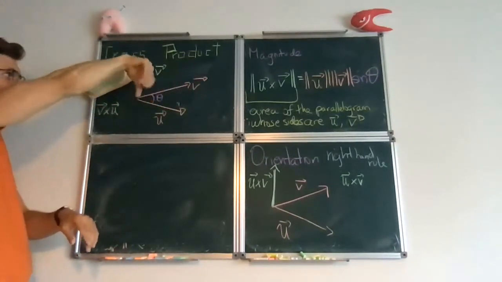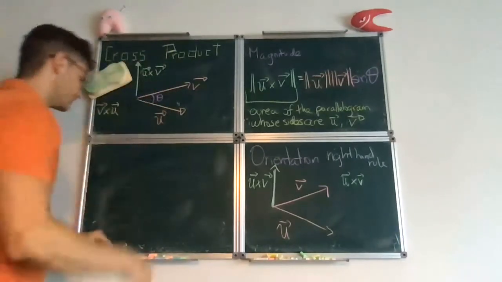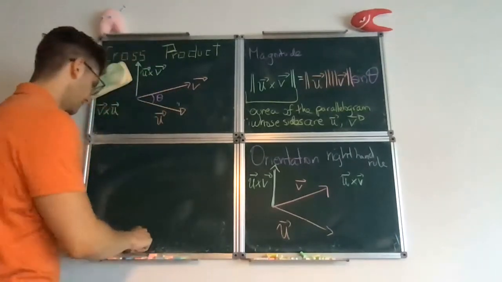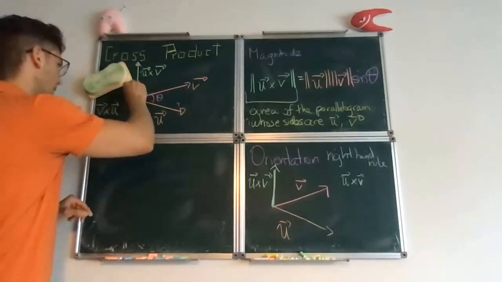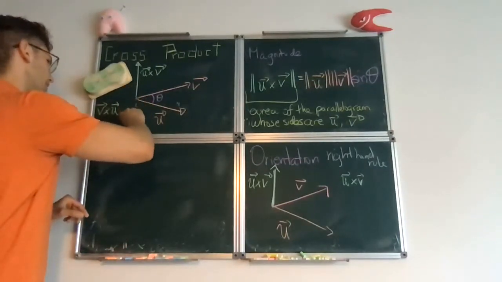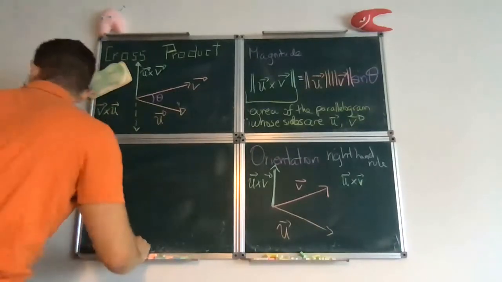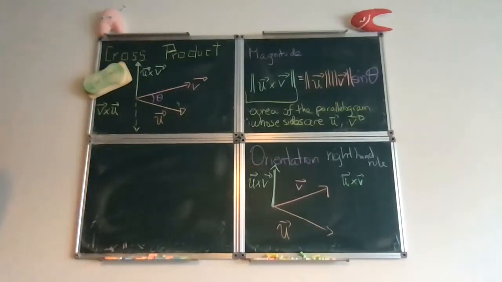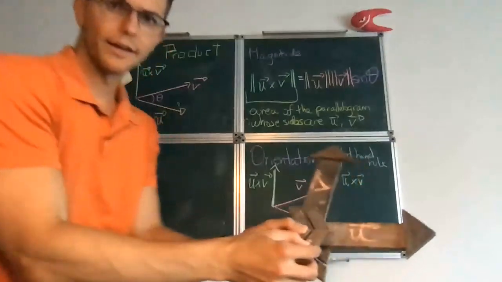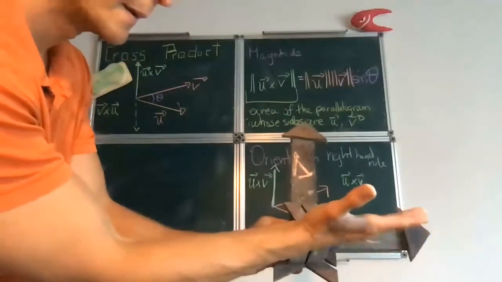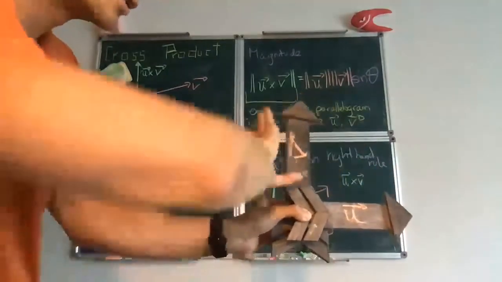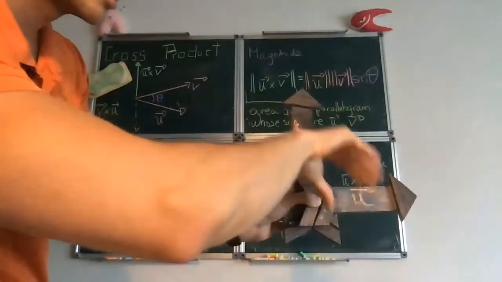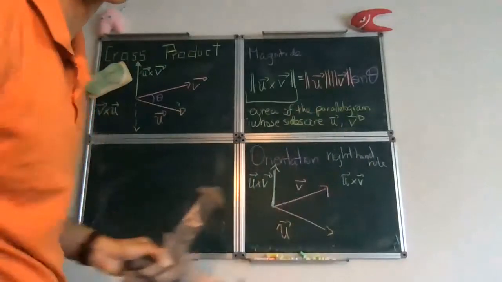When you do that, you find that the cross product needs to point in the opposite direction as u cross v. So again, if you're trying to do u cross v, you do this, but if you're going to do v cross u, you do this, because you have to use always the smallest angle. Okay?